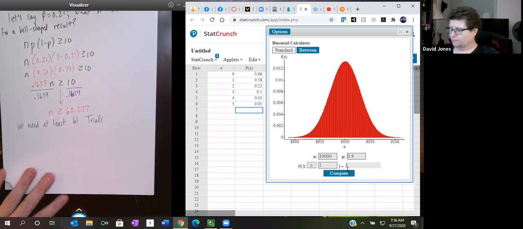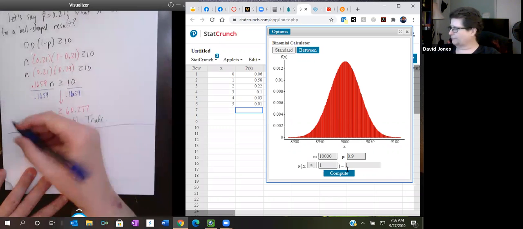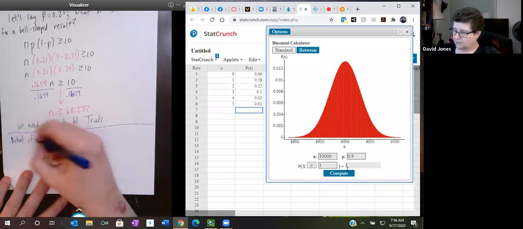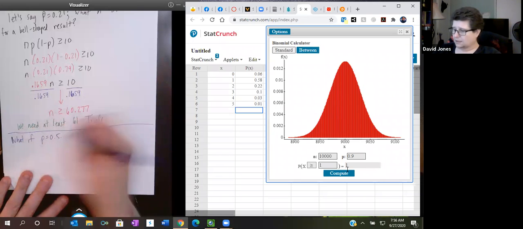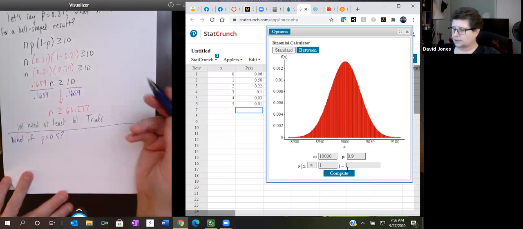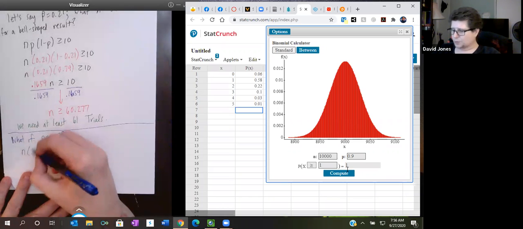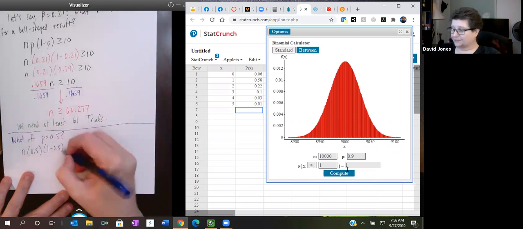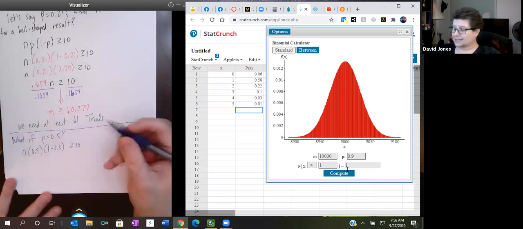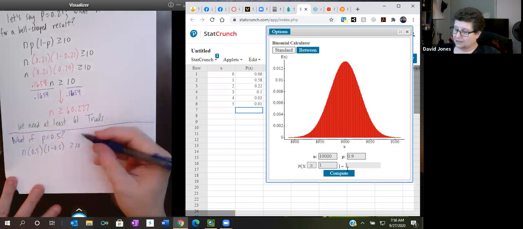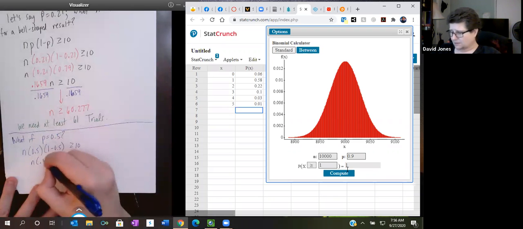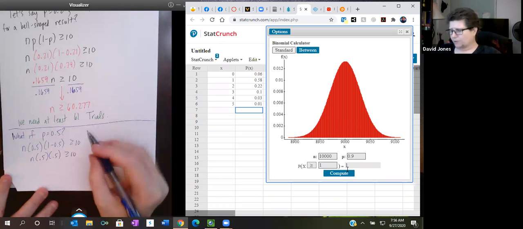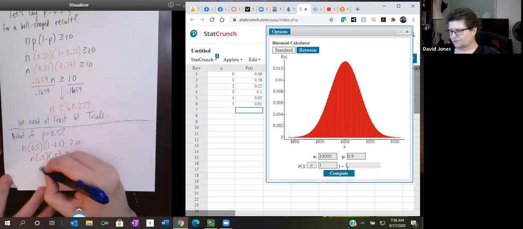What if the probability is 0.5? n times 0.5, and 1 minus 0.5 is again 0.5. Needs to be greater than or equal to 10. 0.5 times 0.5 is 0.25.